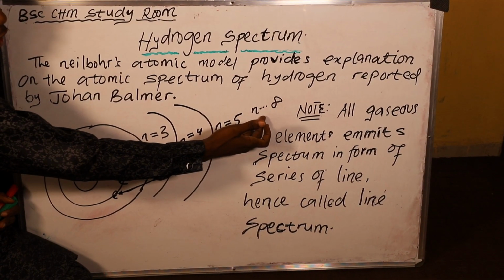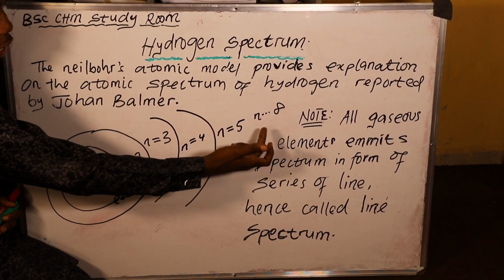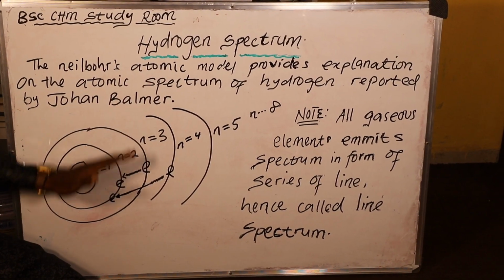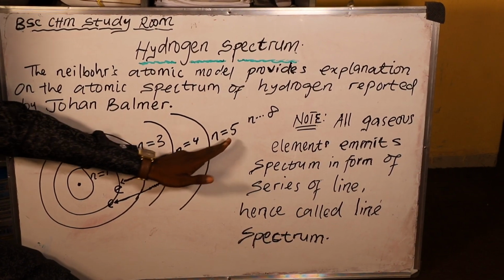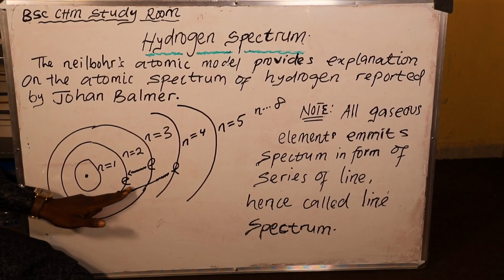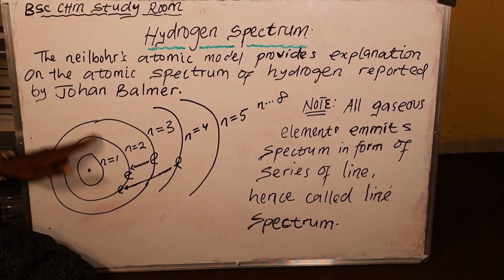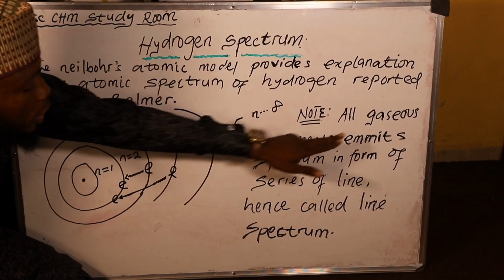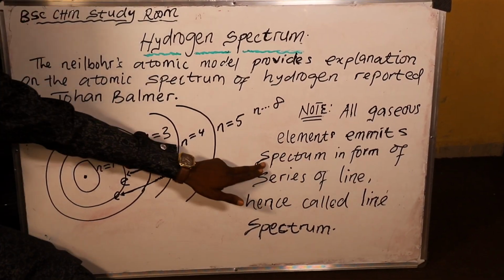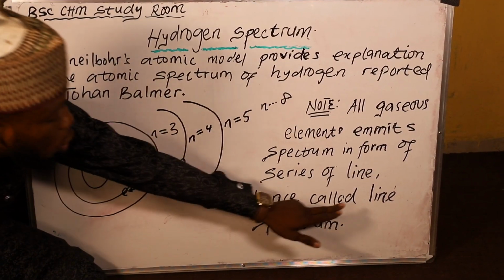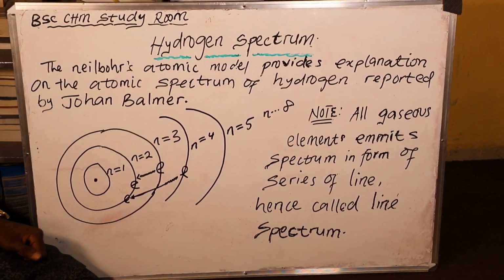From anywhere, let's say infinity, an electron moving from any point as the initial point will stay where n is equal to 2, as reported by Johann Balmer. Not all gaseous elements emit spectrum in the form of series of lines, hence these lines are called line spectrum.